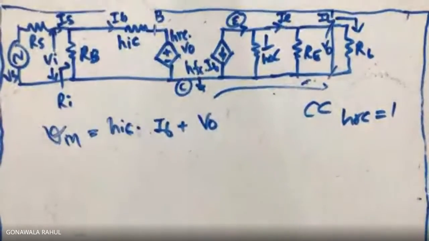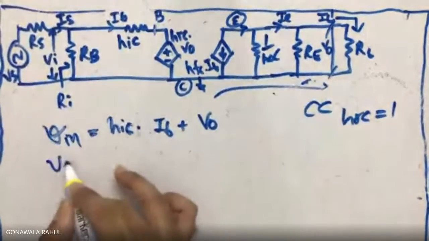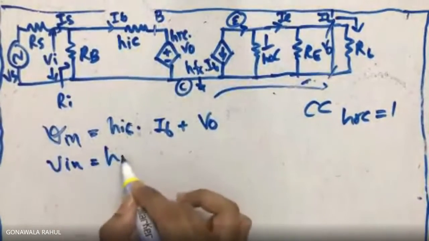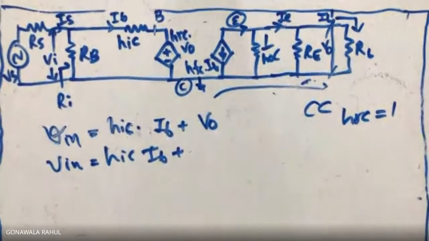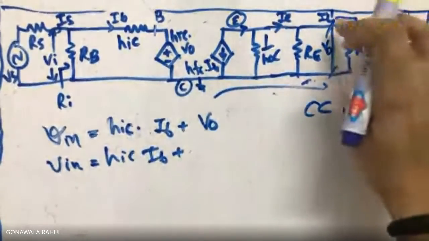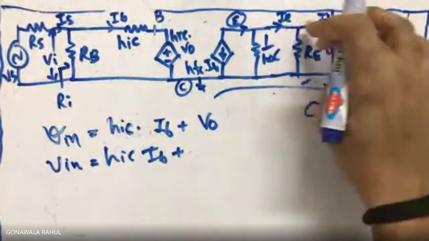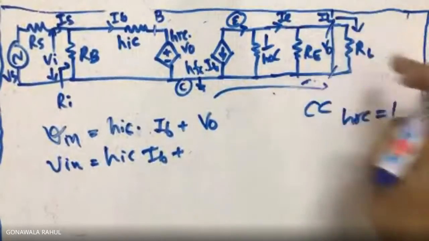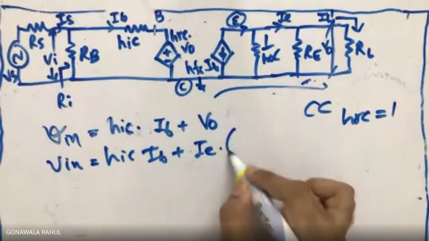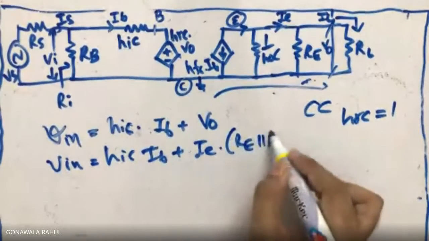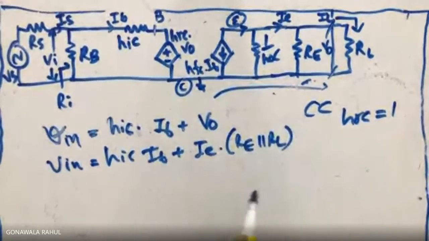So Vin is equal to HIC IB plus VO. Now what is VO? The output side VO is IE into RE parallel RL. So VO is equal to IE into RE parallel RL, that is nothing but RL dash. I can write that as RL dash also, no issue.